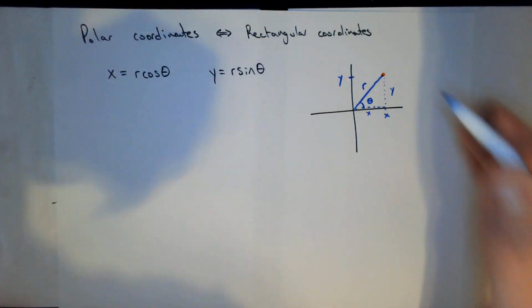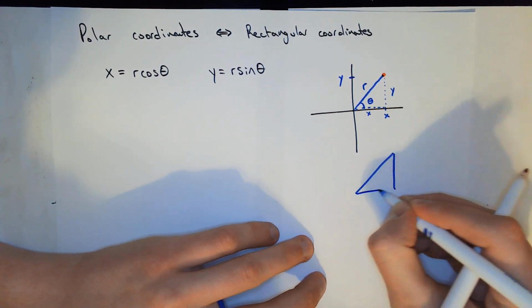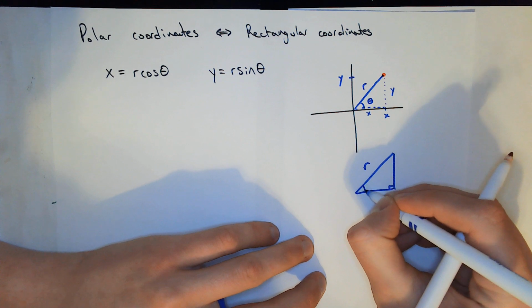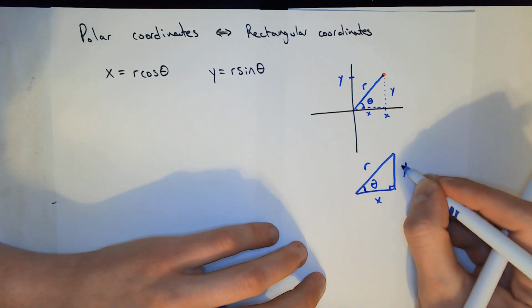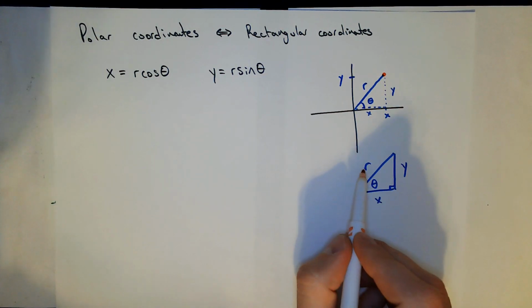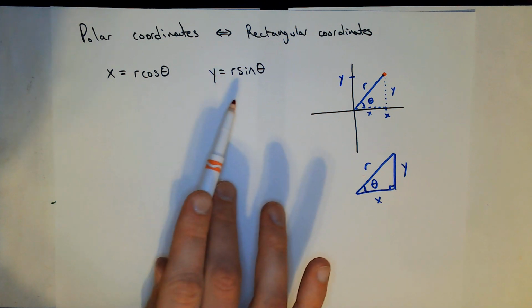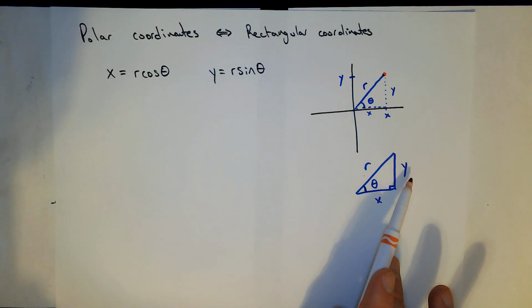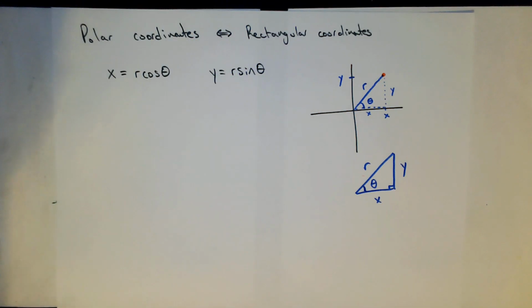So let's pull this picture out. We have r as the hypotenuse, theta as this interior angle down here, this is x and this is y. Understanding that cosine is equal to adjacent over hypotenuse can get you to this relationship with a little bit of algebra, and understanding that sine of theta is equal to opposite over hypotenuse, a little bit of algebra will get you there.